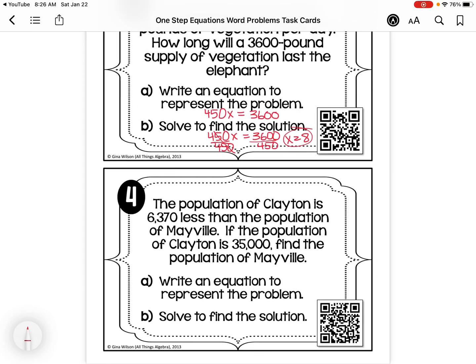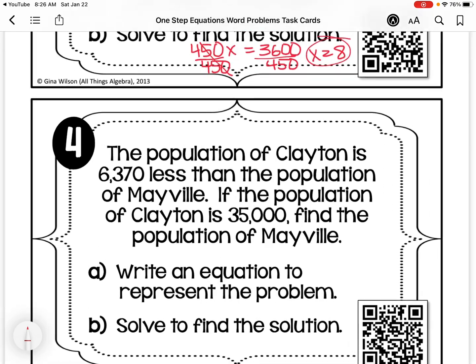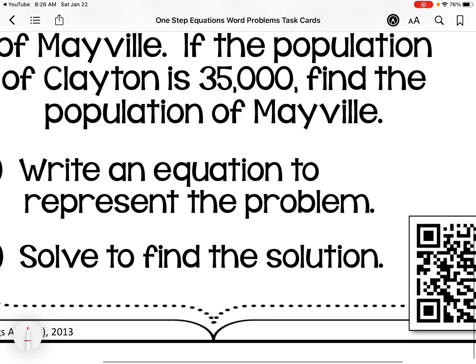The population of Clayton is 6,370 less than the population of Mayville. So that means that Clayton is less than Mayville. The population of Clayton is 35,000. Find the population of Mayville.